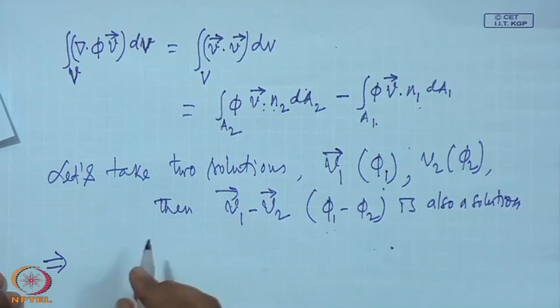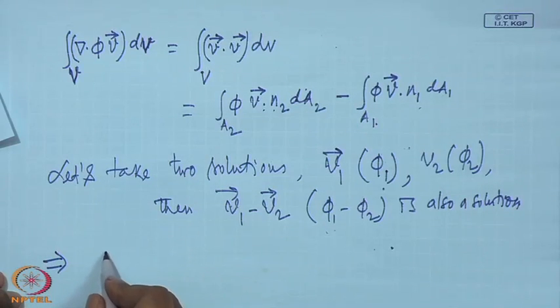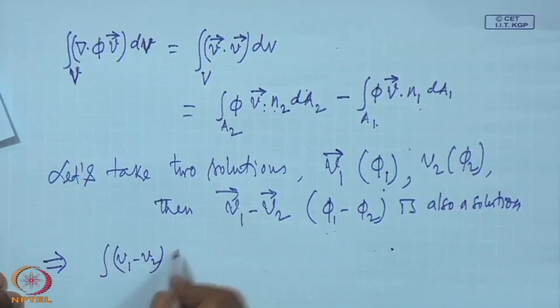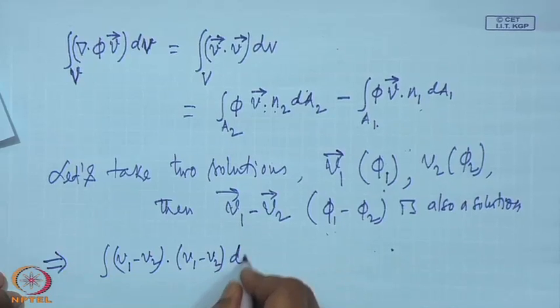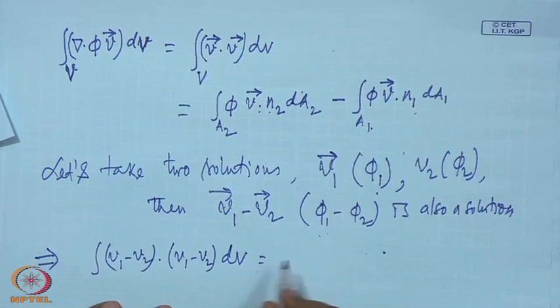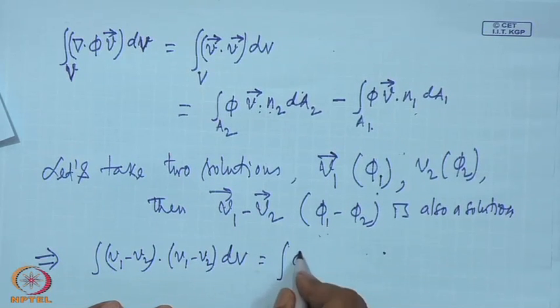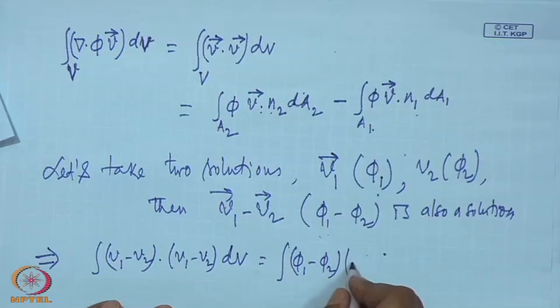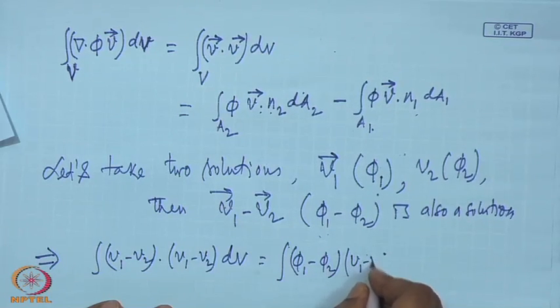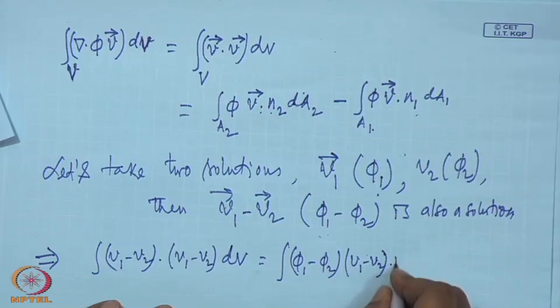Then we can write that V1 minus V2 dot V1 minus V2 integrated over the volume V is phi 1 minus phi 2 into V1 minus V2 dot N2 dA2 minus the corresponding term on the other surface.